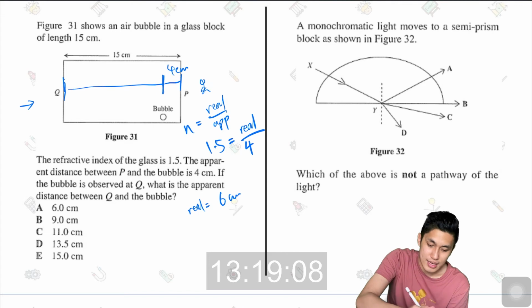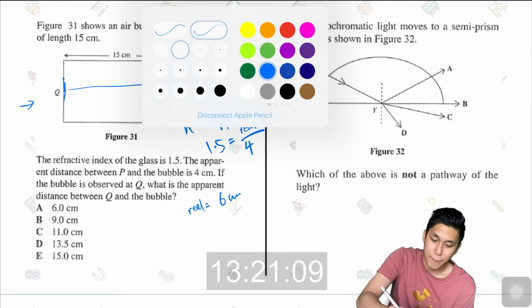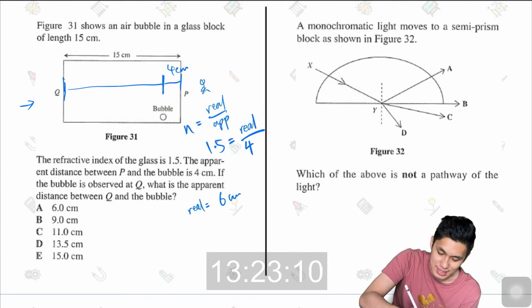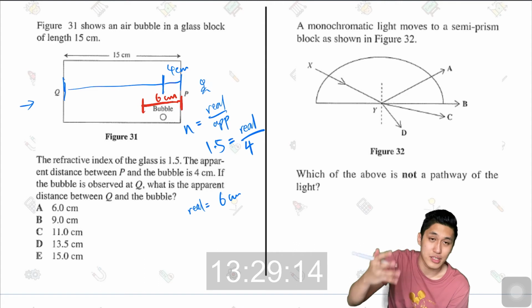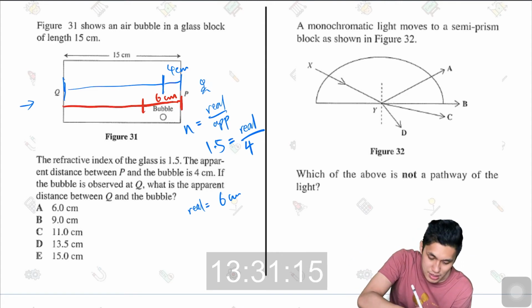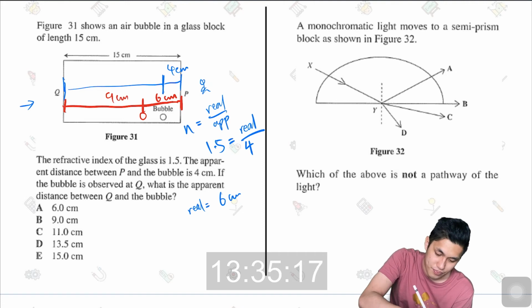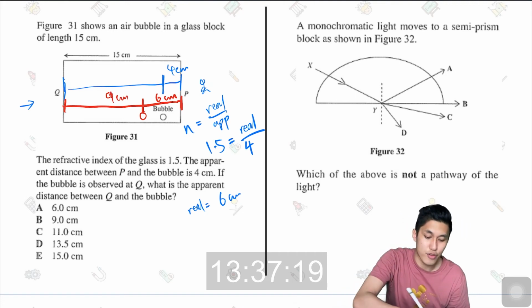So this is what it looks like, but what it really is, the bubble is 6 cm away from P. So if the whole length is 15 cm, that means the bubble is actually 9 cm away from Q.